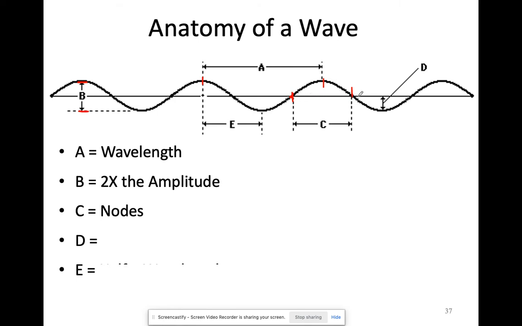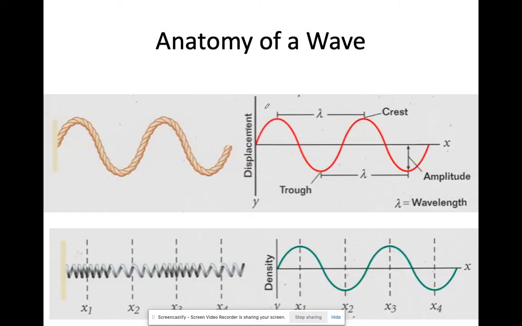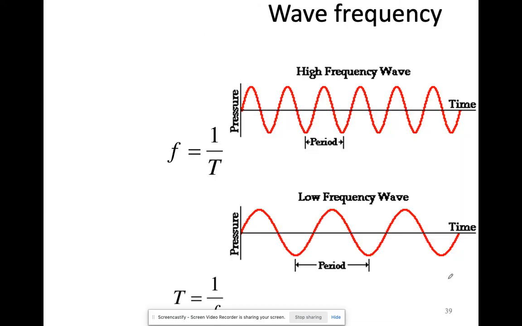If you said half a wavelength here, you'd be right also. D is amplitude, how far something is from equilibrium to its maximum displacement. And then finally, E is half a wavelength, from the top to the bottom. Again, just showing you this, even though this is a transverse wave and this is a longitudinal wave, it still follows the same pattern.